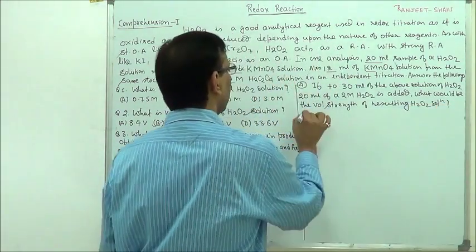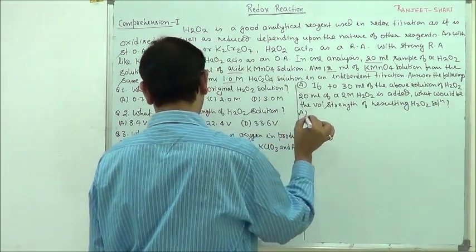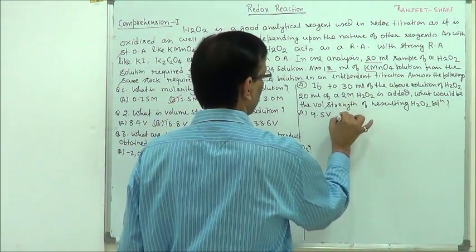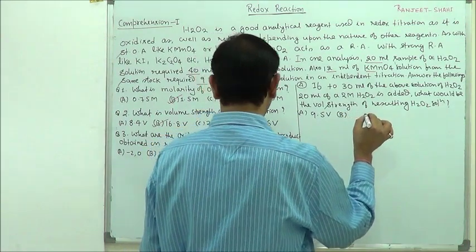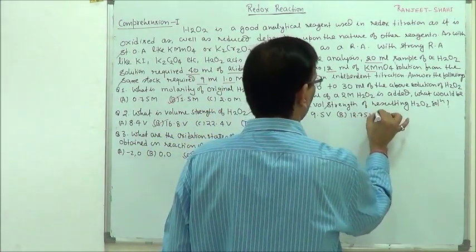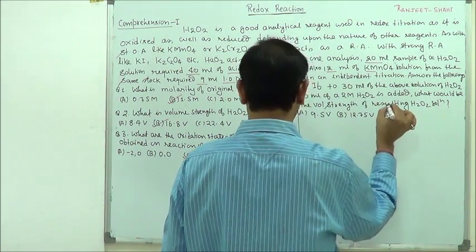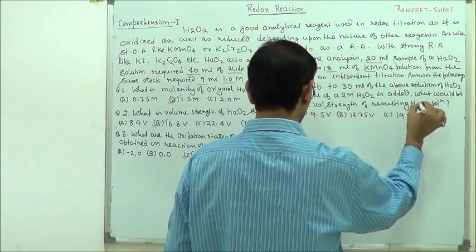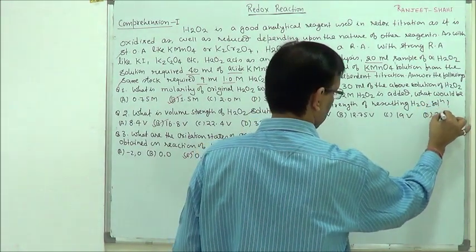And the options are 9.5 V, 12.75 V, 19 V, 22.6 V.